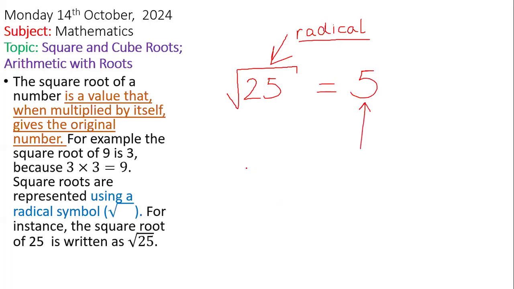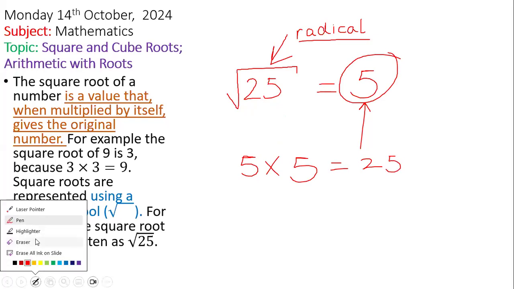Because 5 times 5 is the original number. Exactly, because 5 times 5 is 25. So the square root of a number is a value that, when multiplied by itself, gives you the original number, which is 25. Okay, so that's how we're going to look at square roots.